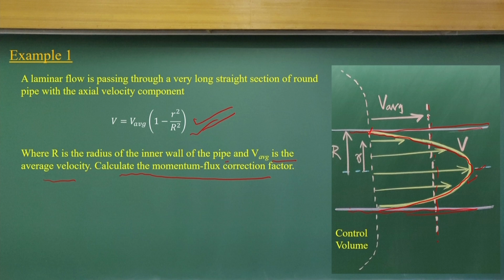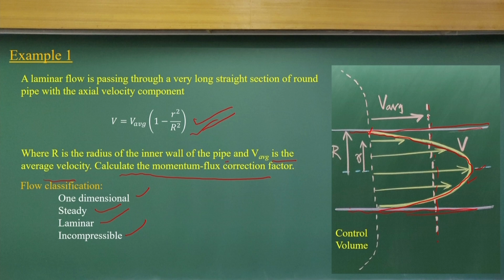Now we want to compute the momentum flux correction factor for this velocity distribution. Let us classify the problem. It is a one dimensional flow because we are considering the velocity distribution, steady, laminar, incompressible. First you classify the flow. That shows how you have made the assumptions to solve these problems.